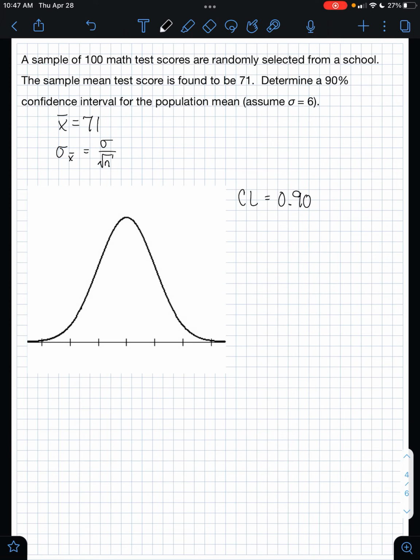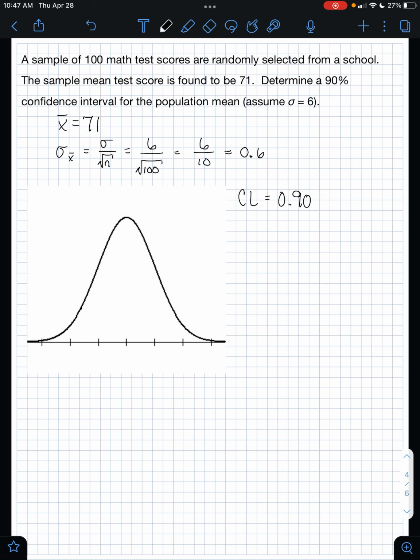So we're given the value of sigma, which is 6, and the sample size is 100. So the square root of 100 is 10, and that makes sigma sub x bar 0.6. 6 over 10 is 0.6.